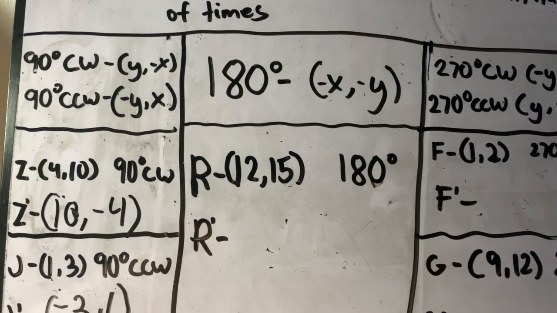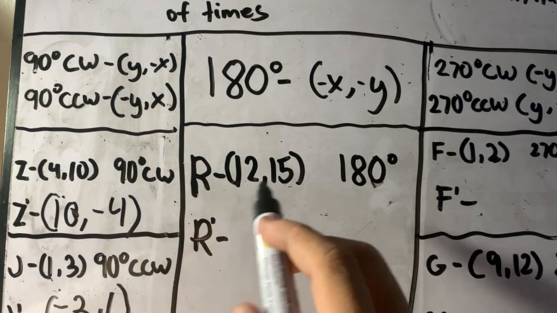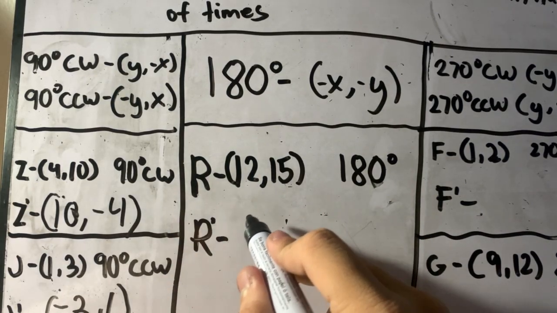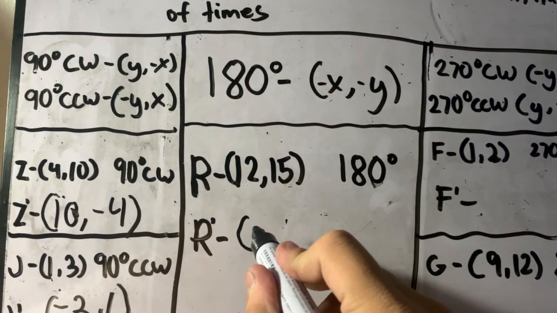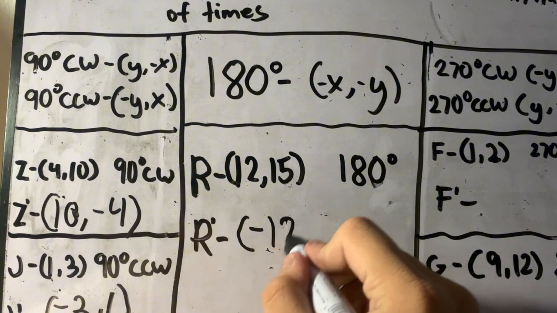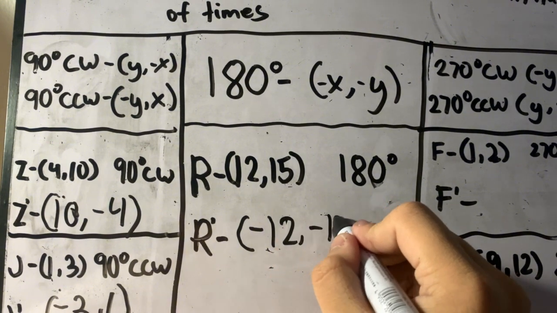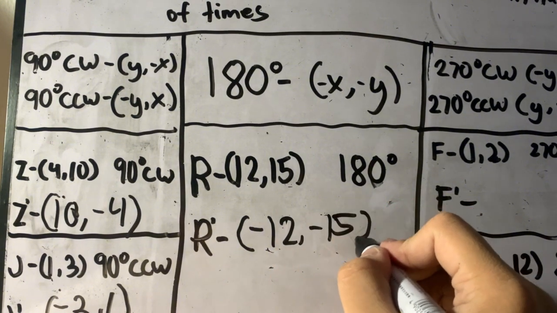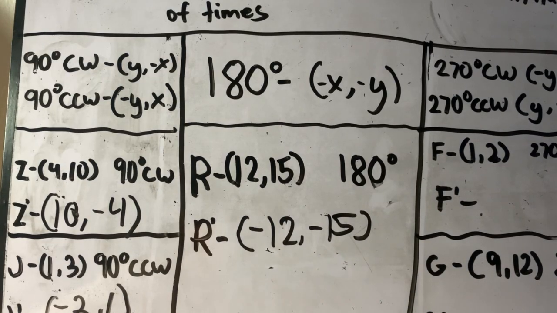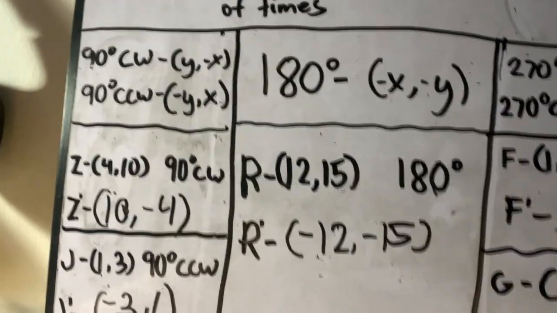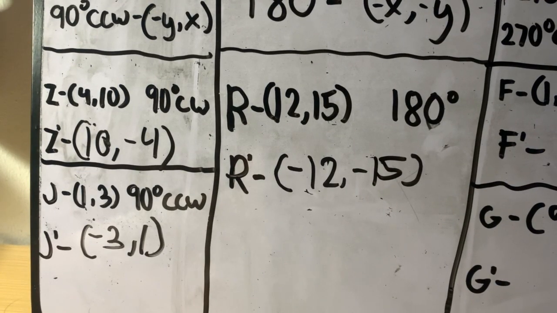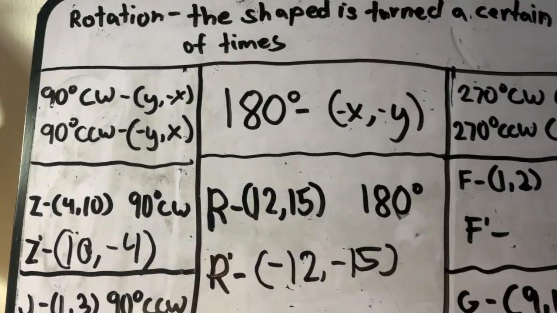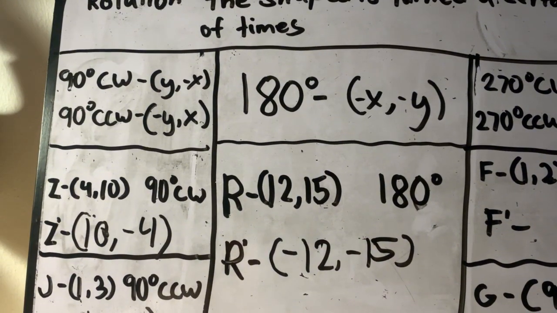So, now, we have here 12 and 15. And our R prime will be, since it was just negative both, magiging negative 12, negative 15. So, there are some similarities of them with the, what you call this, reflection, but here you're just rotating it. It's not reflecting on each other.